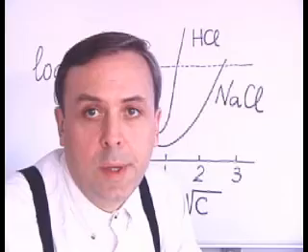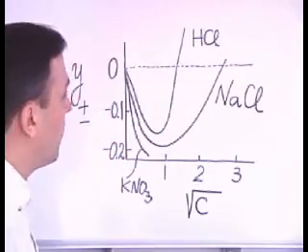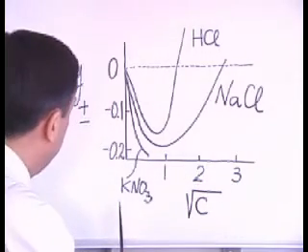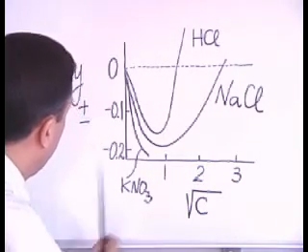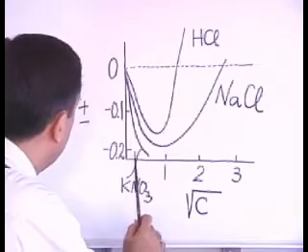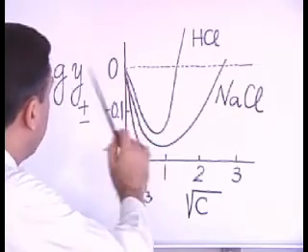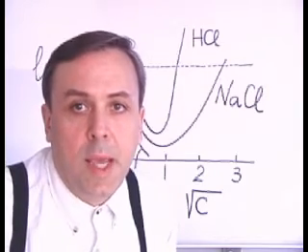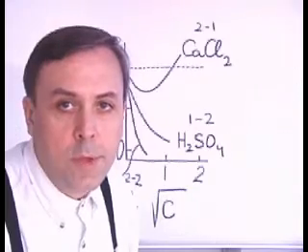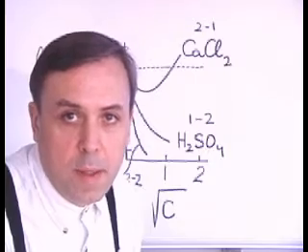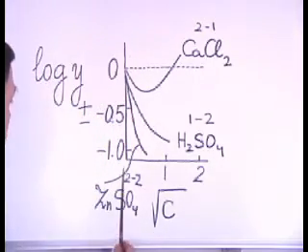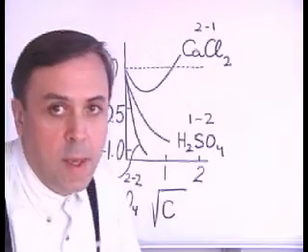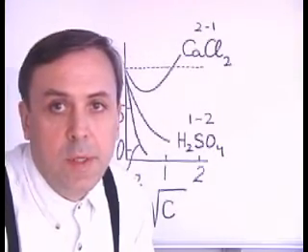Thus, for instance, for solutions of 1,1 binary electrolytes, such as solutions of hydrogen chloride or sodium chloride or potassium nitrate, at low concentrations, the mean activity coefficients have practically the same values. Notice how much different is the value of the mean activity coefficient, even at low concentrations, when there are ions of higher valencies present in the solution.